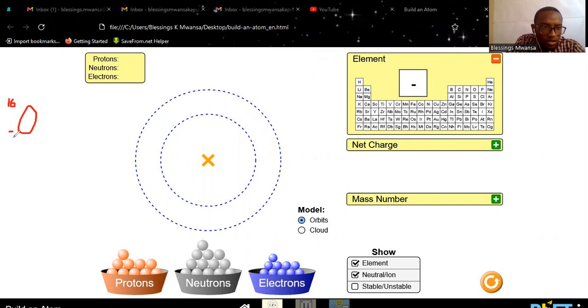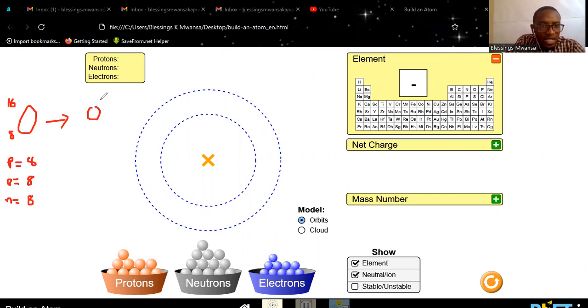So oxygen is 16(8). If oxygen is an atom, the proton number is always equal to the electron number because this is an atom. So this should be 8, this should be 8, and the neutron number will be 16 minus 8, which is 8. But when this becomes an ion, it's called oxide ion. You can still go back to my channel and you'll get all the information about this.